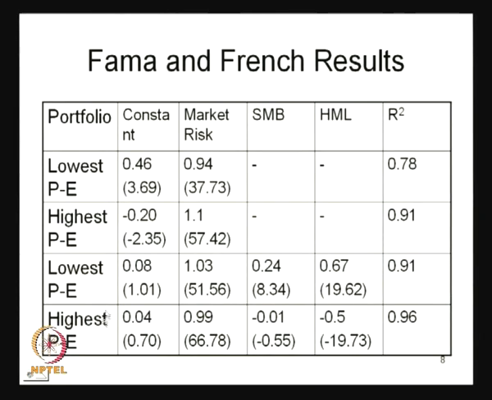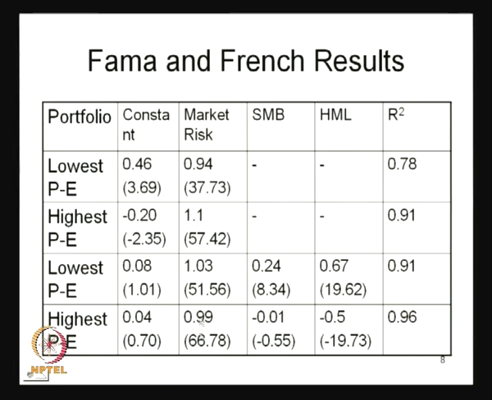But whenever they talk about the highest price earning ratio, they found that these factors are not significant. That means the size may not be a significant factor for the companies which are at the highest level of the price earning ratio, but again the market risk and the HML are significant factors which could have an impact on the expected return in a particular time.